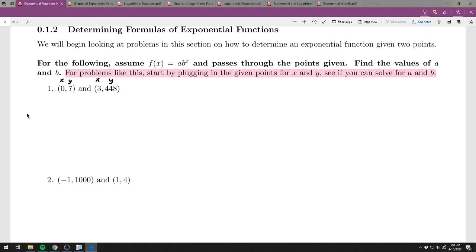Okay, so what I'm going to do, I'm going to plug in each one. Now you can plug them in right next to each other. It just depends. When you plug them in, maybe you can figure some stuff out right away, maybe you cannot. Right, but we have y equals a times b to the x. y is 7 equals a times b to the 0 power.